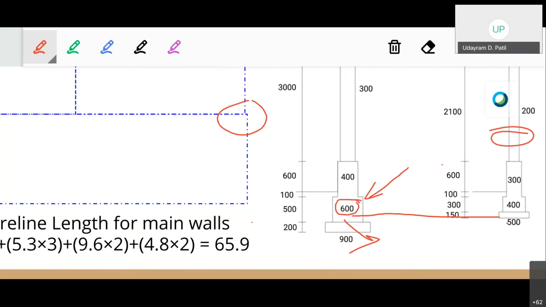Okay, therefore while calculating the net center line length for the PCC of the secondary wall, we are going to consider the width of the item which coincides with the level of that particular PCC of the secondary wall. So for the main wall, what coincides is the UCR masonry of width 600 mm.